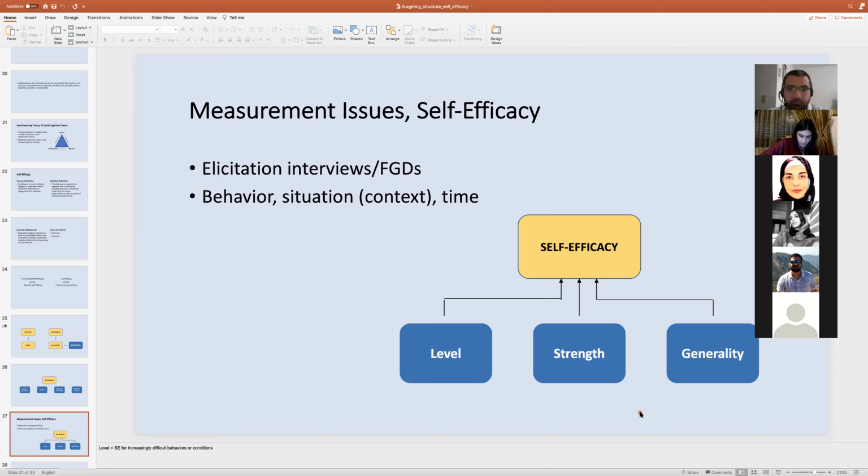So it's not about the person being able to control their diabetes. That is too general. It's about, if the person has the time and the resources and can prepare their food at home, how confident are they that they can manage and control their diabetes? Because it makes a big difference.